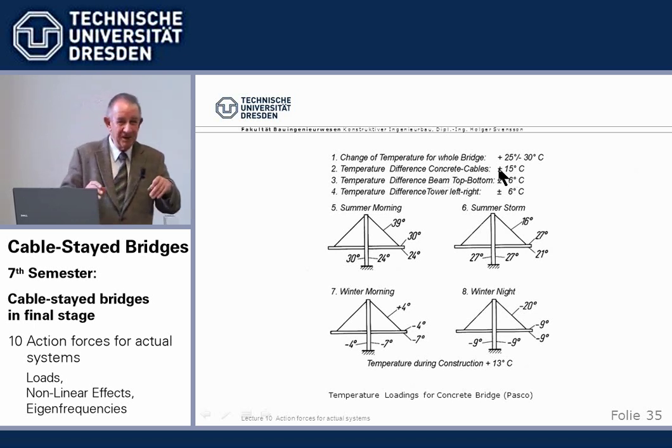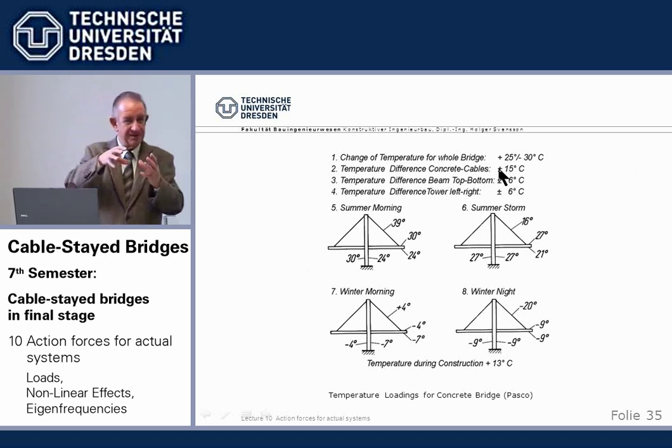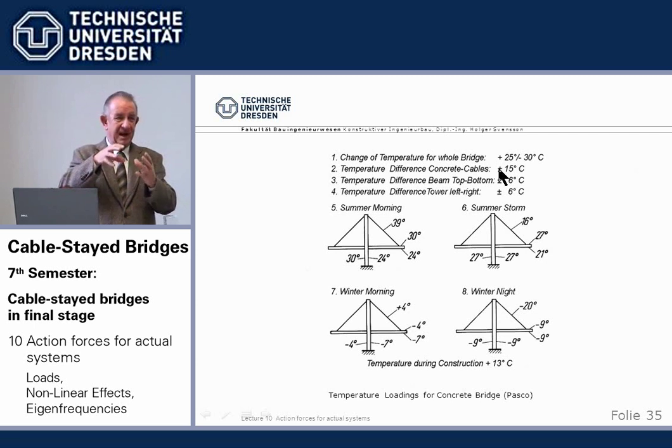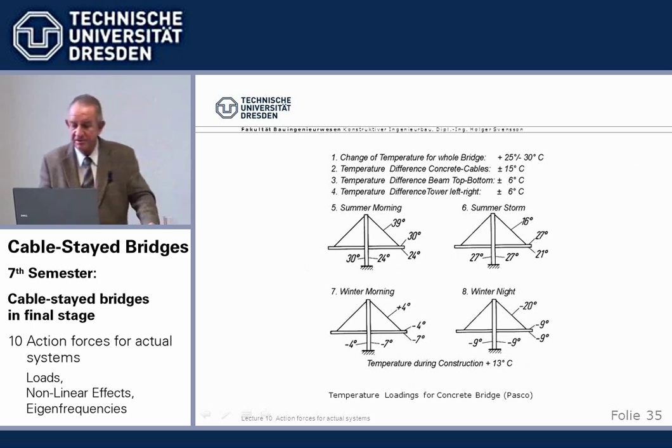That's one of the reasons why we try to get the white color around the otherwise black PE cables. I mentioned to you the black PE cables would be much hotter than if we have a white surface. We would have then to change this loading.